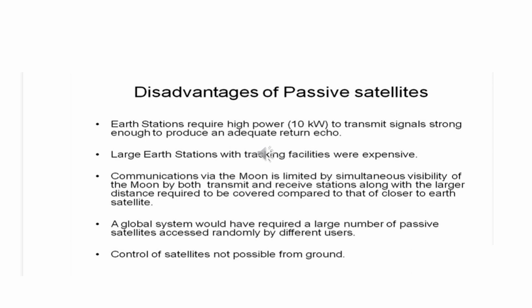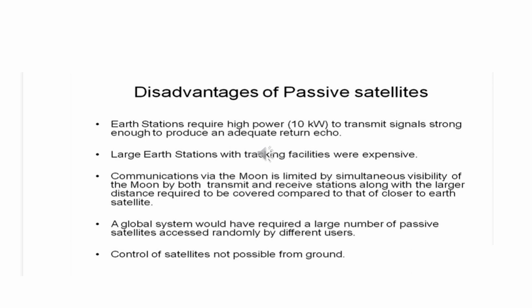So these satellites come under the passive satellite. What are the disadvantages associated with passive satellites? The very first one is that the Earth station requires high power to transmit a signal strong enough to produce an adequate return echo. The second one is that large Earth stations with tracking facilities were expensive.